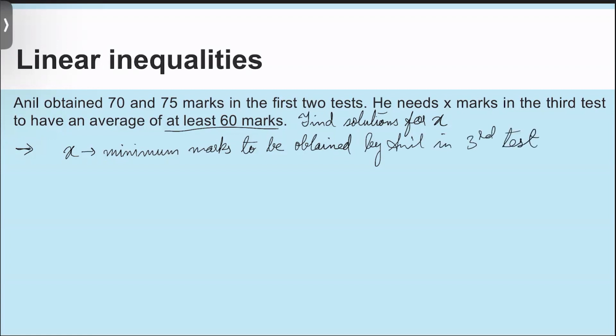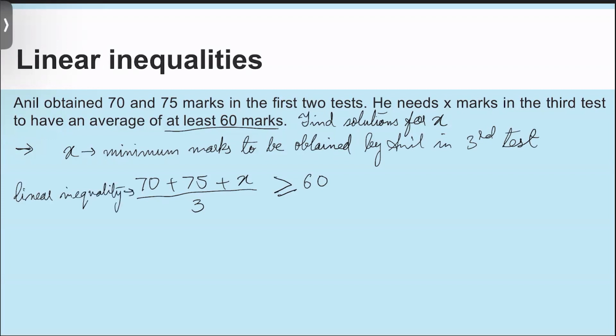Okay, so as for the linear inequality, (70 plus 75 plus X) divided by 3 has to be more than or equal to 60. Okay, so this is our linear inequality, expressed in the mathematical form.